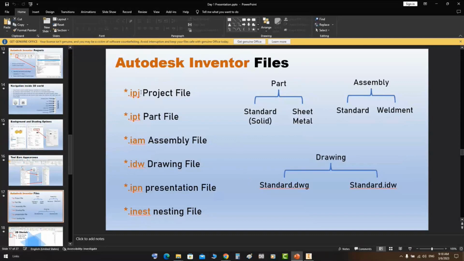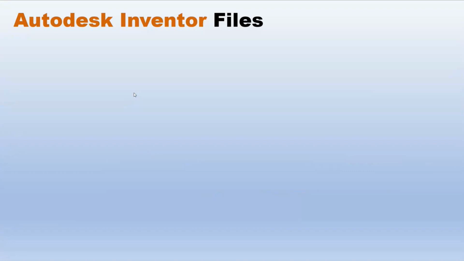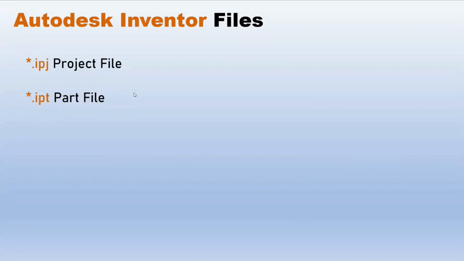So you will need an IPJ file to define your project. The second one is IPT, which is Inventor part. I for Inventor, PT for part, so the extension of parts will be IPT. And we will discuss the types of parts.